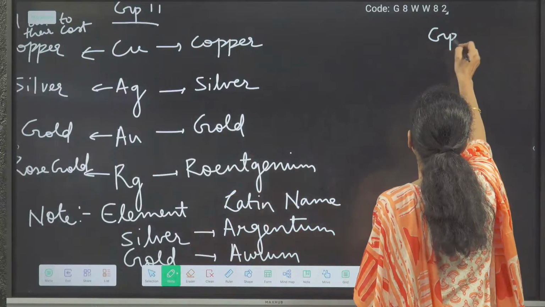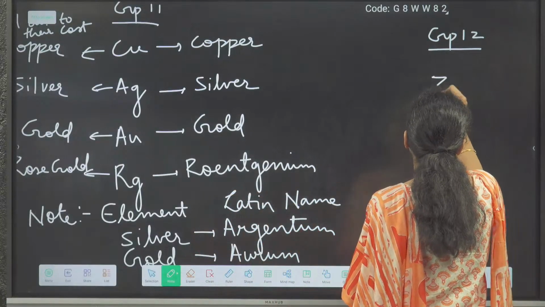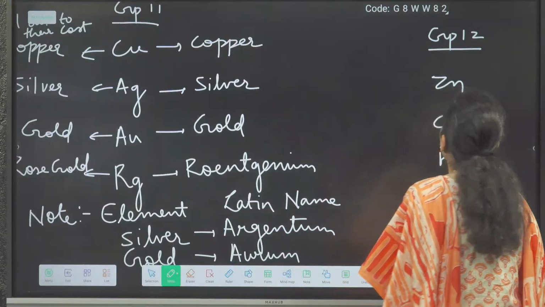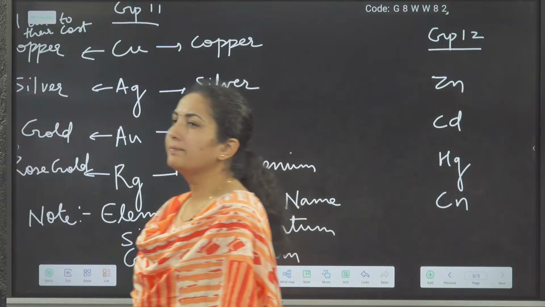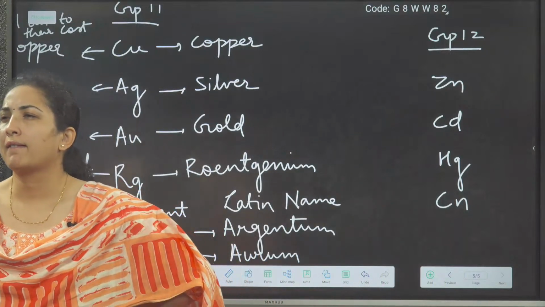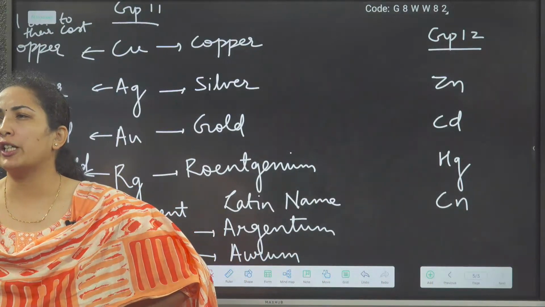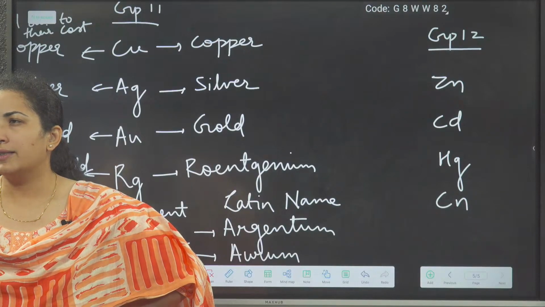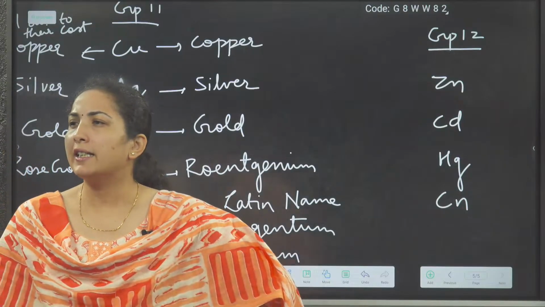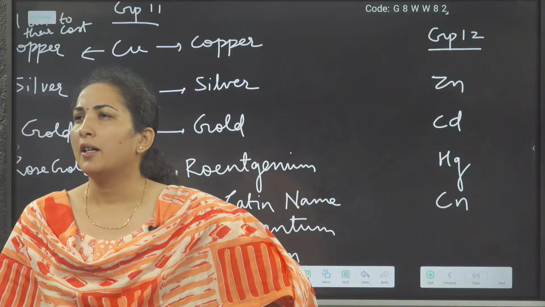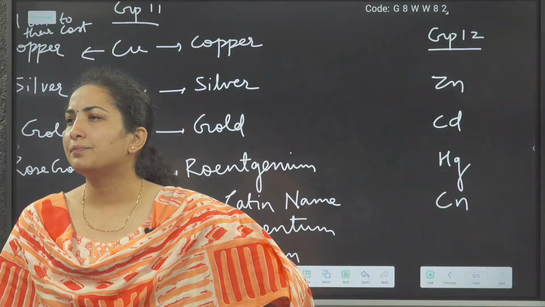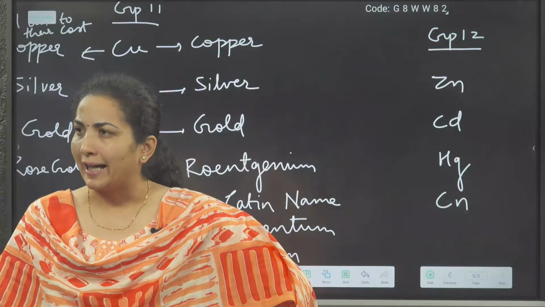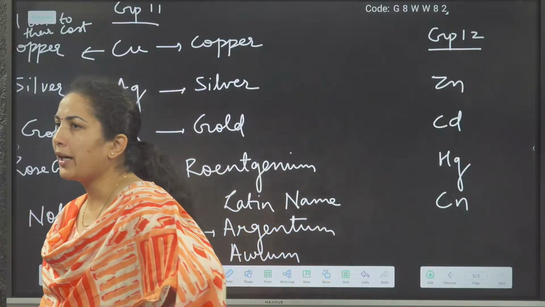Then the next one is group 12. So, Zn stands for which element here? Zinc. Cd stands for cadmium, and then what you are having?